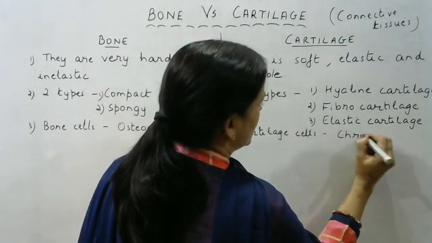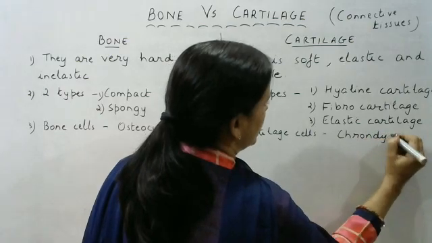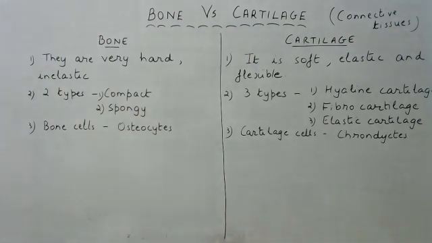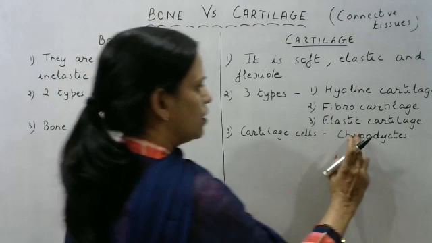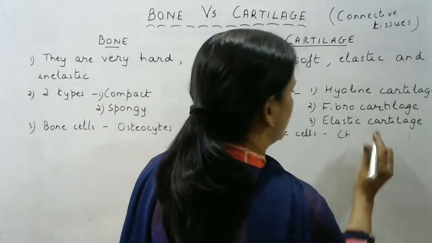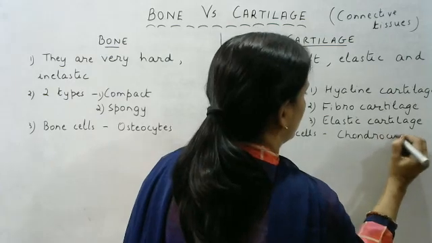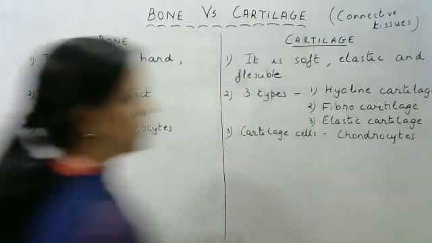So the names of the cells are different and you need to remember these names. The bone cells are known as osteocytes, whereas the cells of the cartilage are known as chondrocytes. So there is a spelling error here. chondrocytes. So this is going to be the correct spelling here.